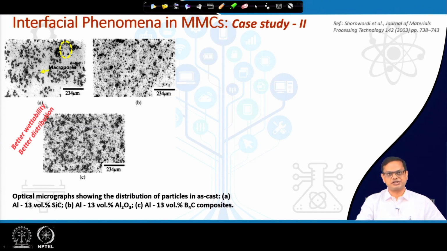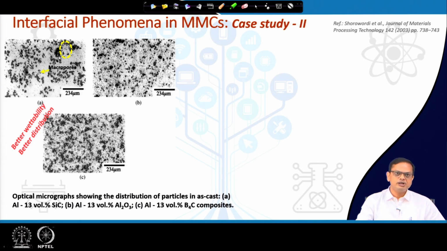The first one is showing aluminum SiC, then aluminum Al2O3 and then aluminum B4C, and in all cases the volume fraction is similar, but you can clearly see that in these two cases the distribution of particles is not that homogeneous. That means, in case of SiC and Al2O3, the distributions are not as homogeneous as you can see in case of B4C. That is the first thing I am seeing here.